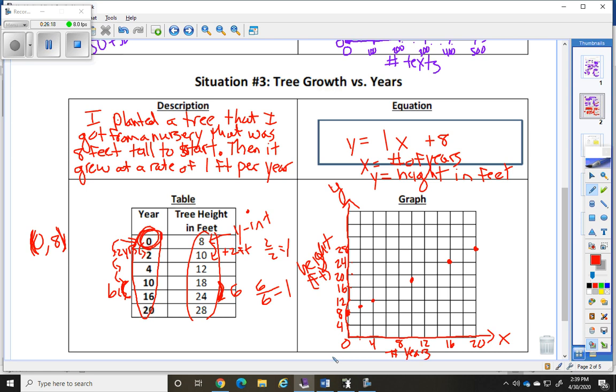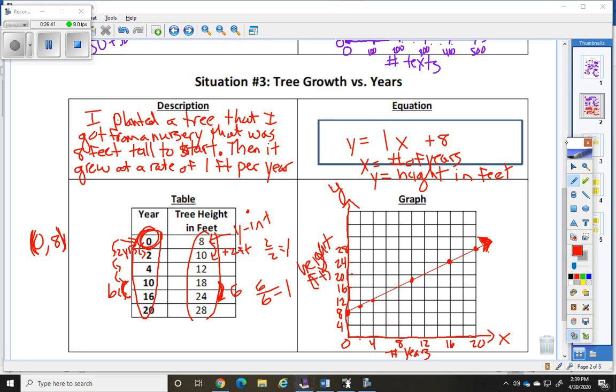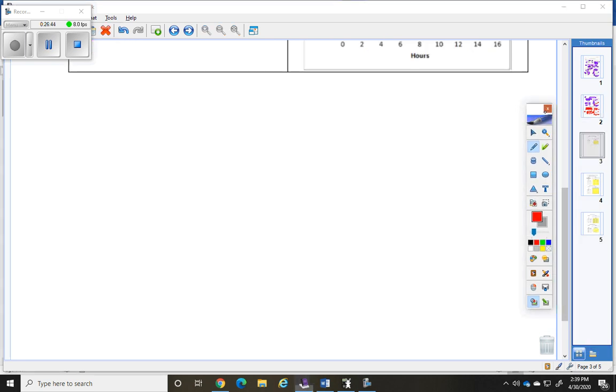So the rate did remain constant, and that's why these points stayed in a straight line. And I do need an arrow over here because it's going to keep on growing. And then we just have one more problem, and then you can do your homework.